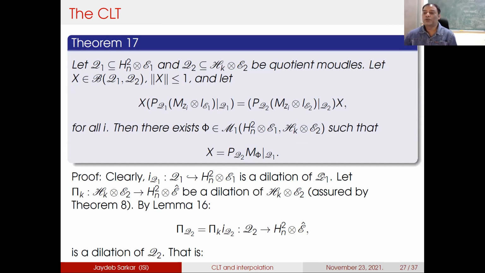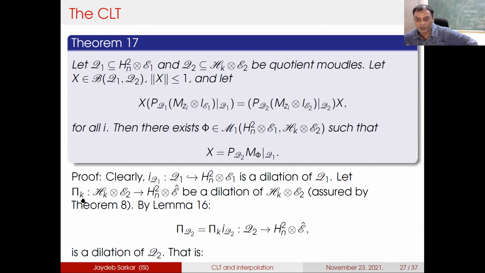Here also the proof can be better explained if I show you a diagram, but let me give you some idea of the proof. It's not that difficult once you see it that way. So clearly you look at Q1, so you look at the inclusion, and that's going to be a dilation of Q1, as I said already. And then look at your HK, the regular space, and you know it is already assured that there is an isometric dilation.